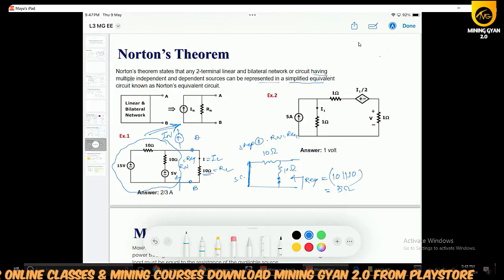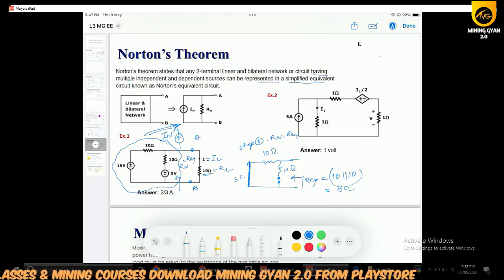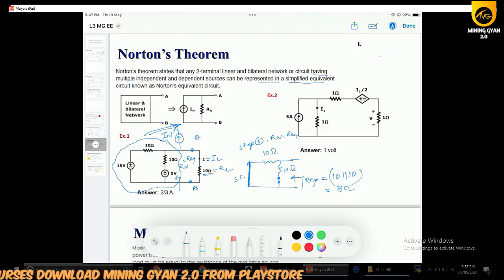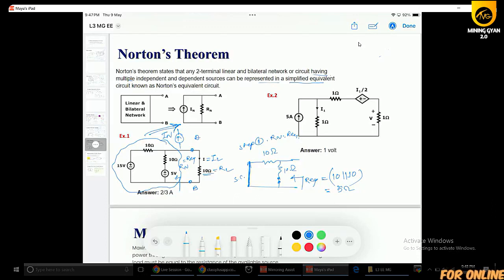Then in step number 3, you have to make the circuit like this. Whatever value you get, you can write here, and this will be your Rn, that will be 5 ohms. And then you have to put your load resistance across these two terminals A and B. Load resistance will be 10 ohms, and then you can calculate your IL.